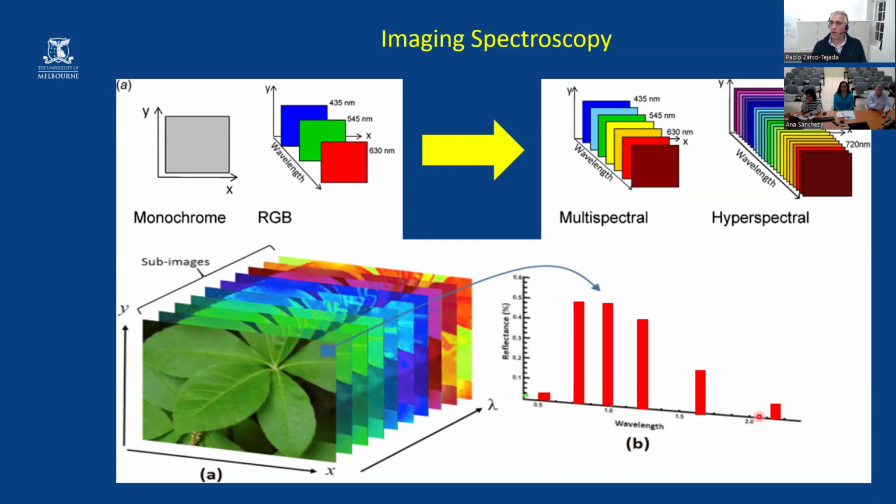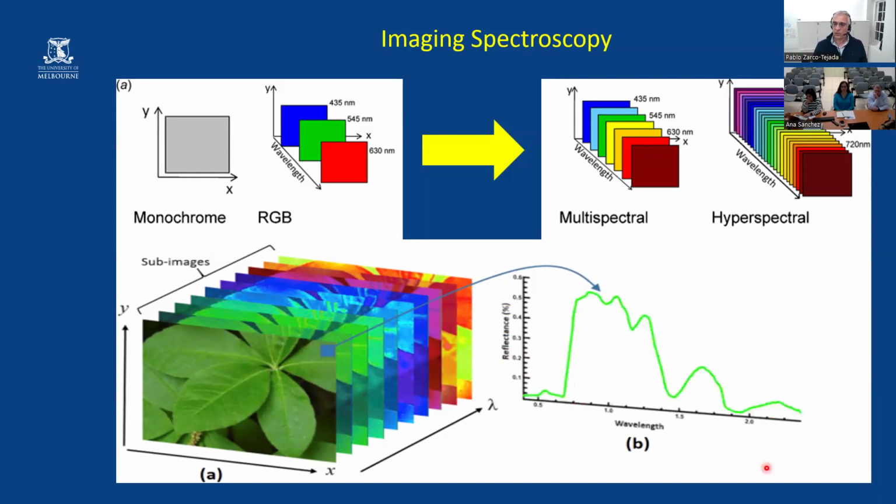If instead of multispectral sensors, we use a hyperspectral sensor or an imaging spectrometer for collecting data, then we get the full spectral signature.